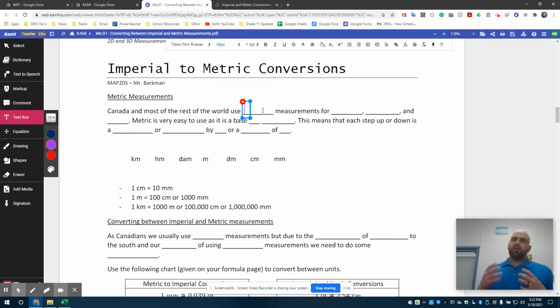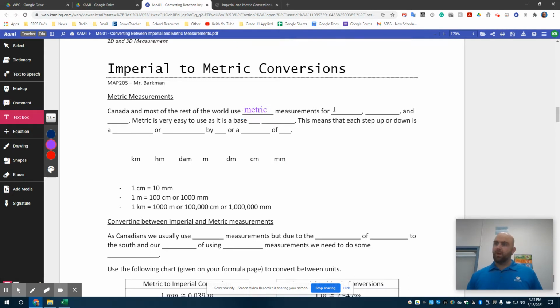Canada and the rest of the world use metric measurements for length, volume, and area. When I say Canada and the rest of the world, the US is really one of the only countries that actually uses imperial measurements.